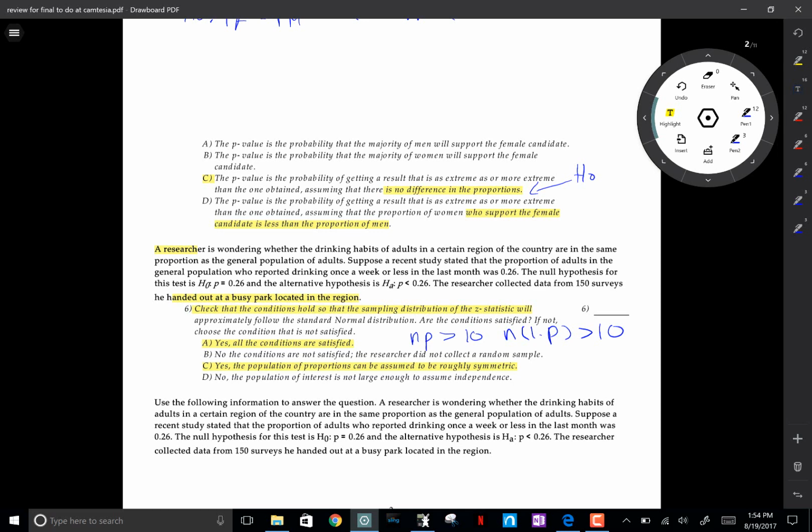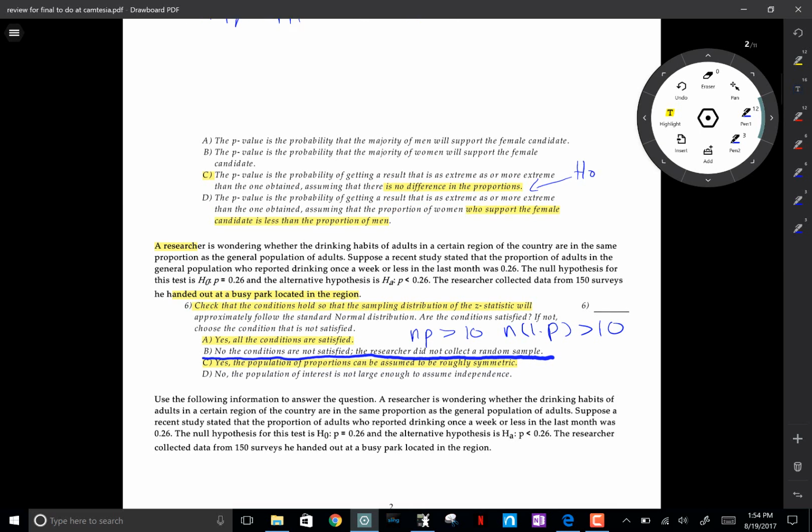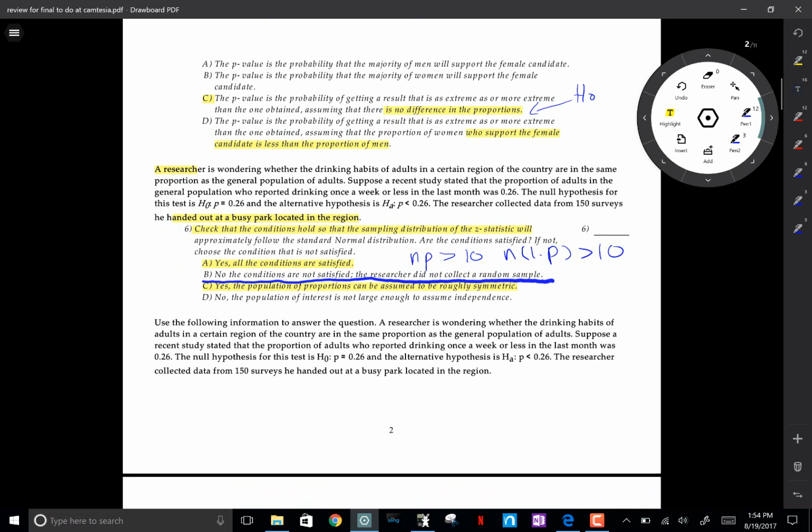So we want to look at something that says the condition had not been met. Looking at B, B is along those lines, because it says the researcher did not collect a random sample. So since the researcher did not collect a random sample, we can go ahead and do the study. All right, and that's it for 6.